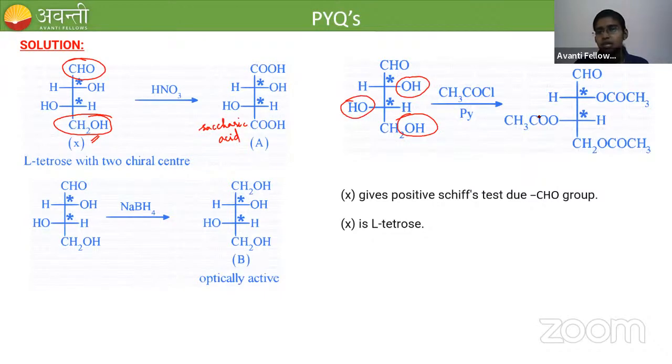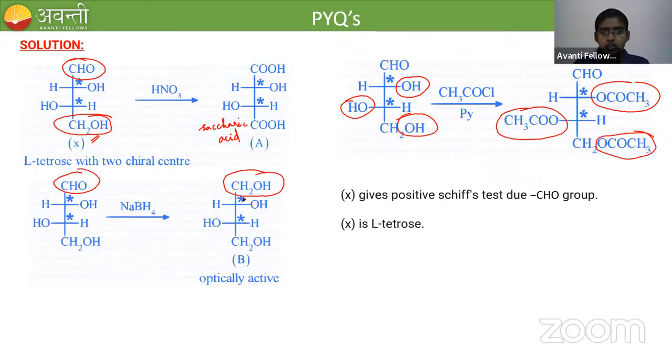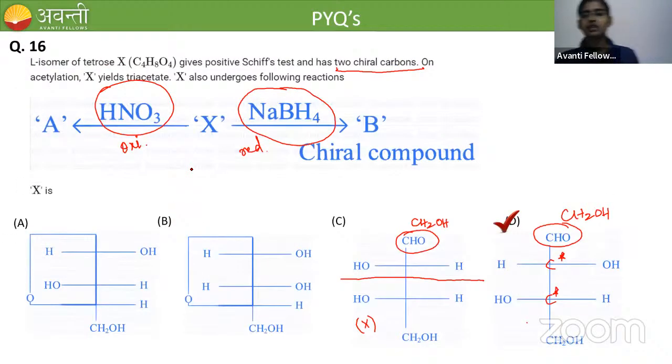So triacetate is formed, and when it reacts with a reducing agent, the CHO is converted to CH2OH, where there are two chiral centers. It gives a positive test due to the presence of the CHO group, and L is a tetrose. Since the compound X has 4 carbons, it is a tetrose. Option D would be the correct answer. Option D is the compound X.